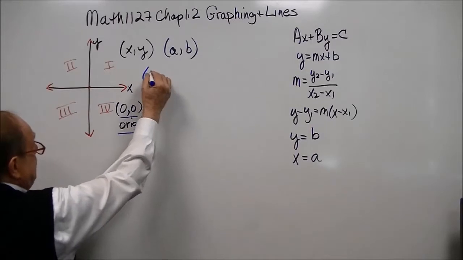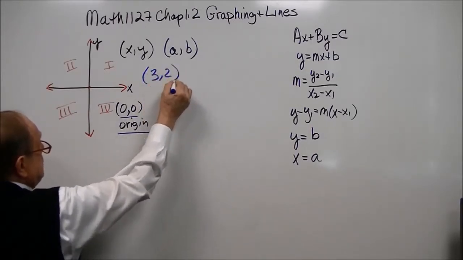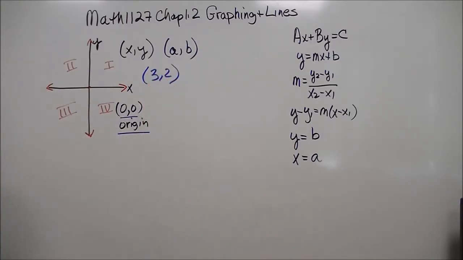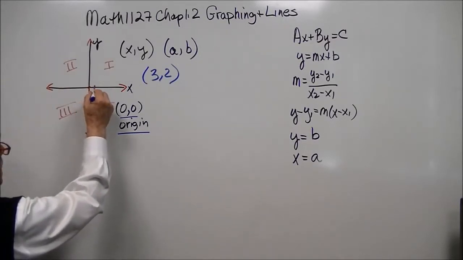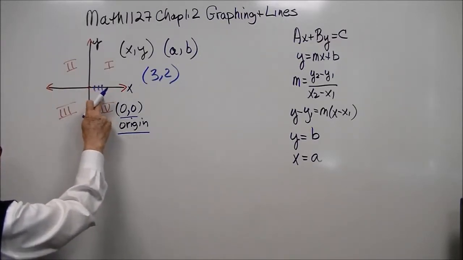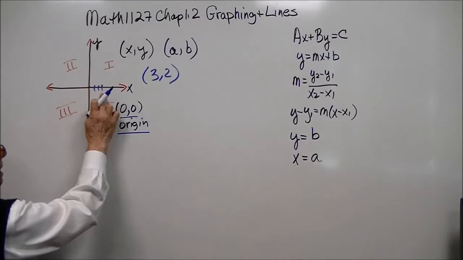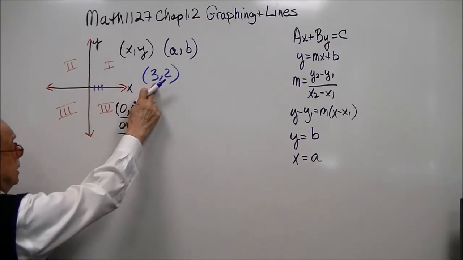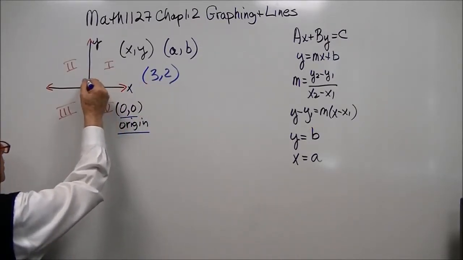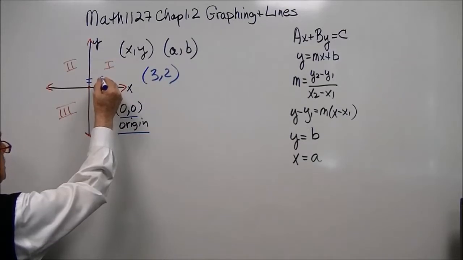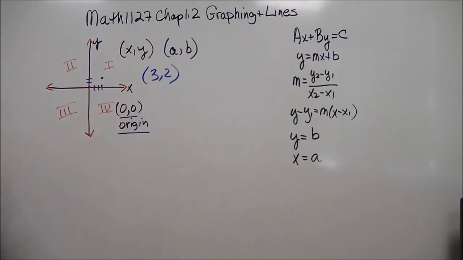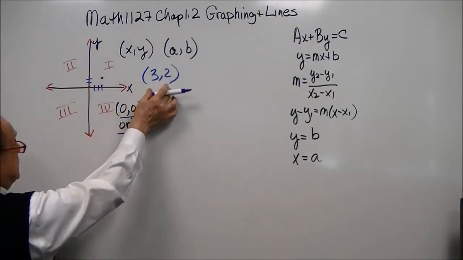If you had a point 3, 2, to plot that, you would count 1, 2, 3 on your x-axis to get to a positive 3, and then you would go up 2, and that would be the plot of that particular point. And they're both positive.